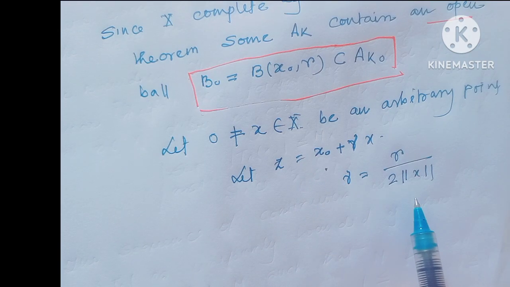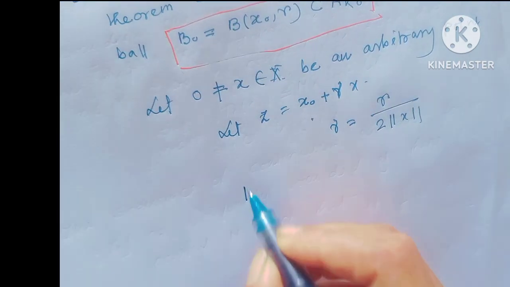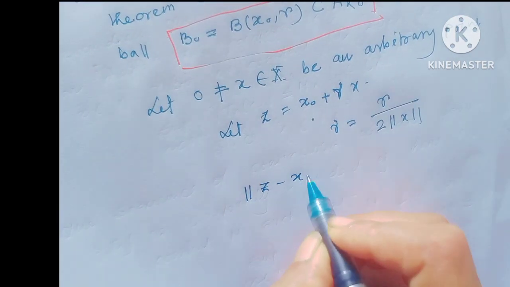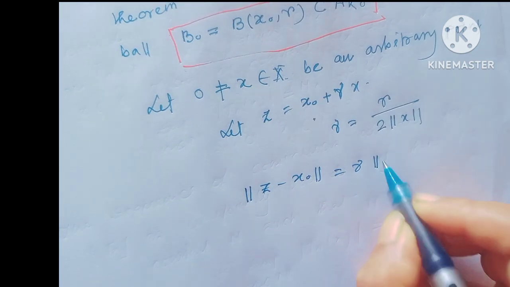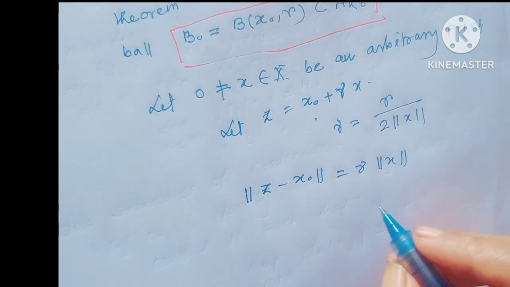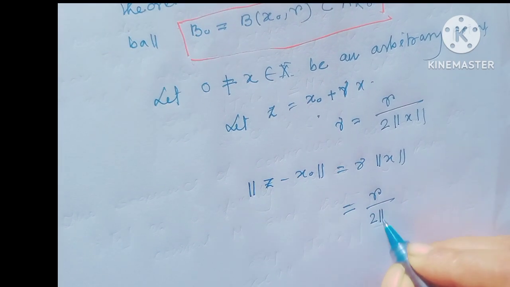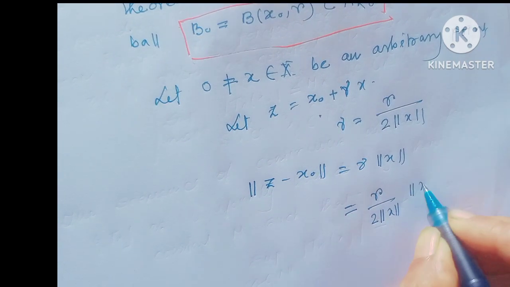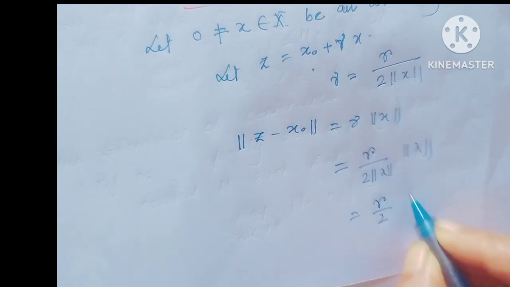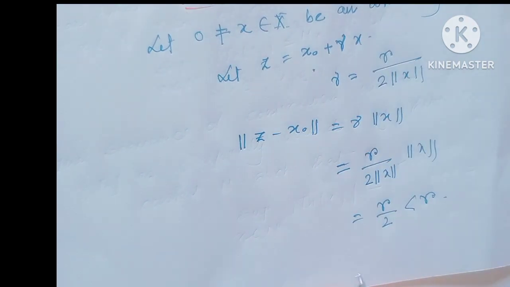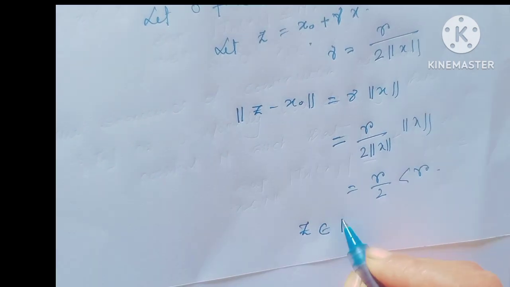Then norm of z minus x0 equals gamma norm of x, and the value of gamma, r over 2 norm x, times norm of x is equal to r by 2, which is less than r. That means z belongs to B0.